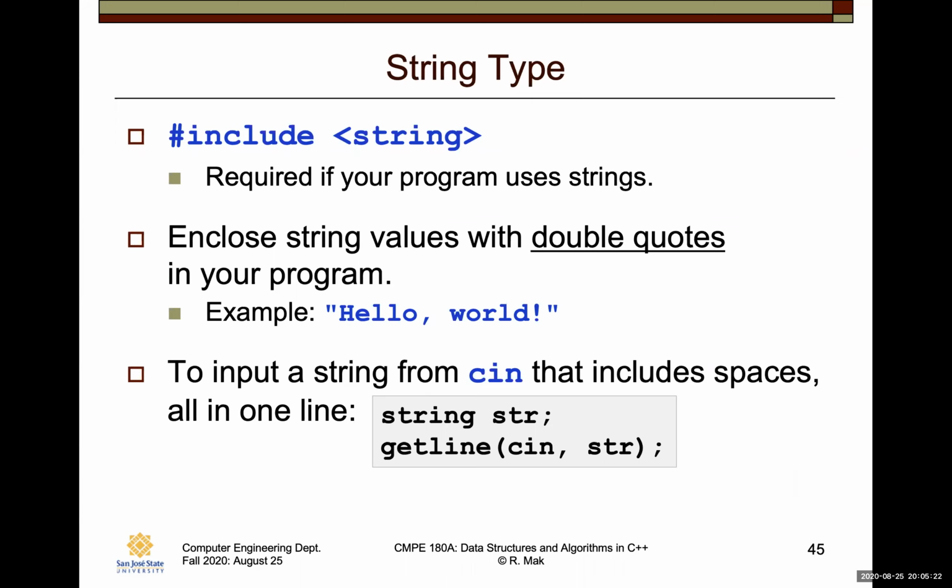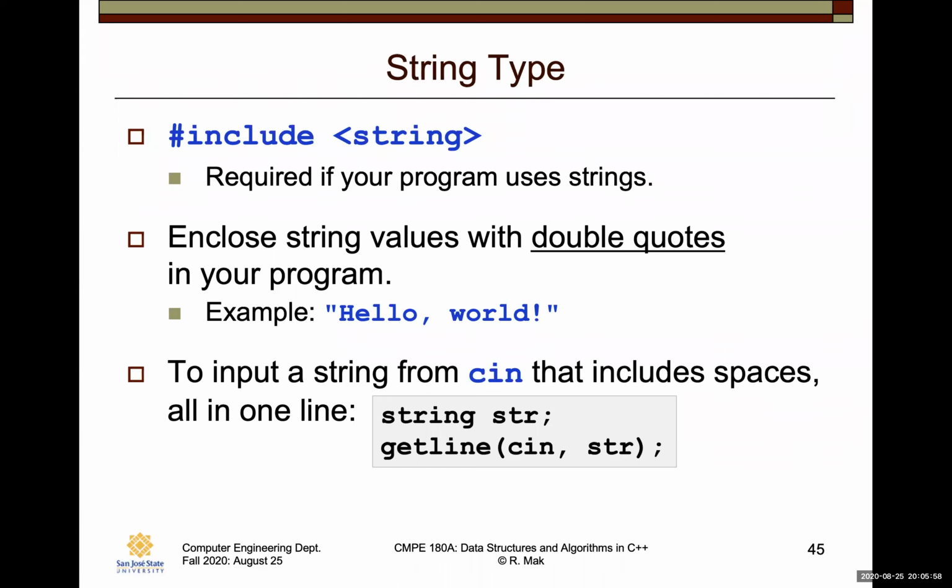But sometimes you want to read in a string and include the blanks, and then there is a getline function, and you pass it CIN and the name of the string, and it will read in an entire line, including the blanks, and store that into the string variable. This is all explained in the chapters of the book. Again, I'm just sort of hitting the highlights.